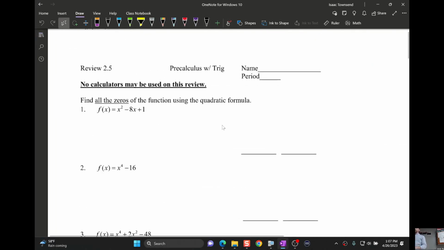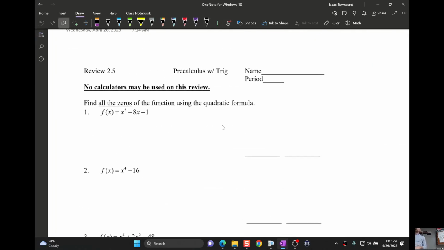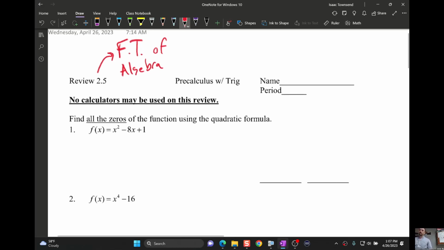Okay, but section 2.5 is on the fundamental theorem of algebra, which is not as hard as it sounds, but it is as important as it sounds. And you probably already know this, but you may not have known it was the fundamental theorem.